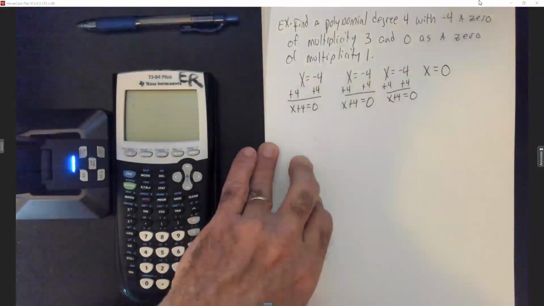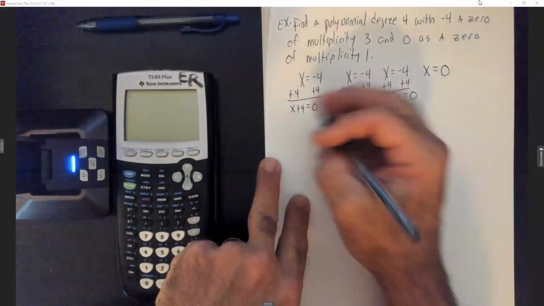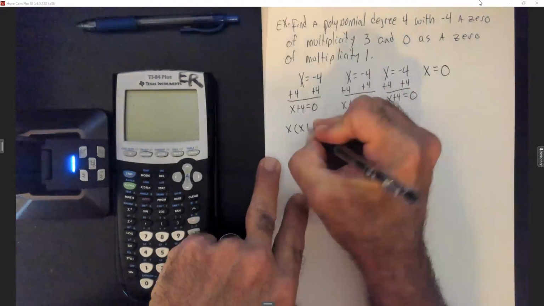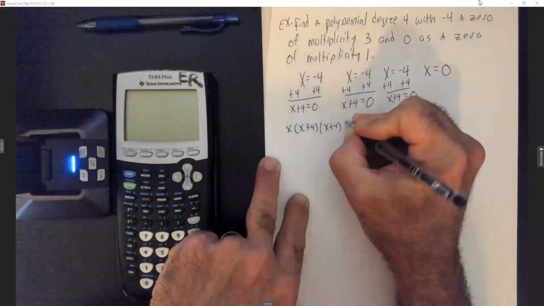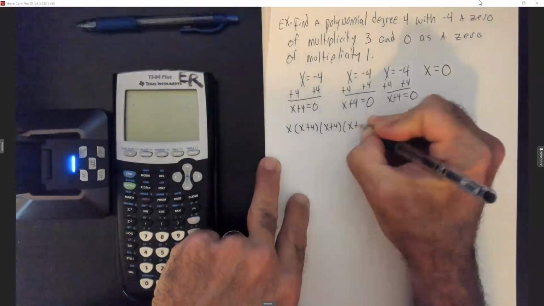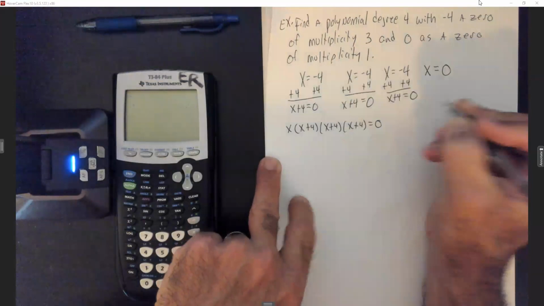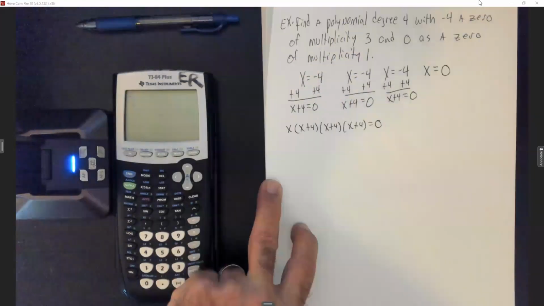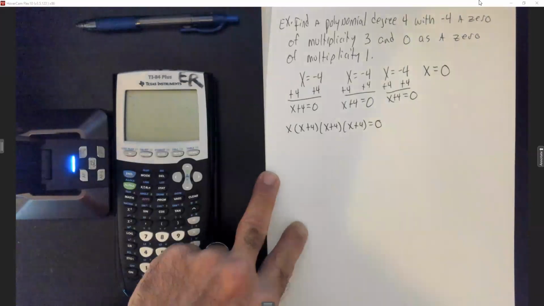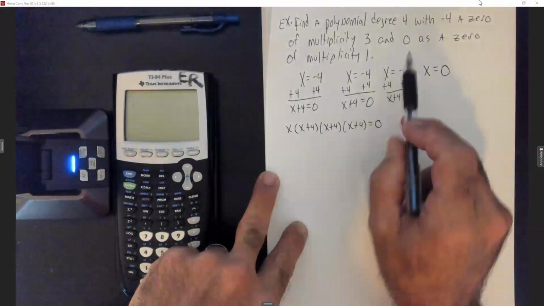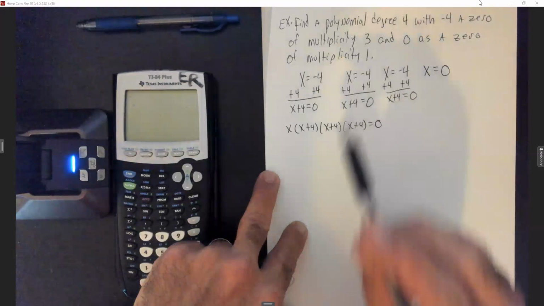So y'all watch what I'm going to do. I'm going to put this x first, and then I'll do the x plus 4, x plus 4, x plus 4, all equal to 0. So you know this is going to be a lot of foiling, right? The bigger these degrees get, the more foiling we do.